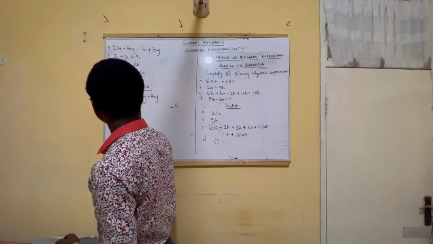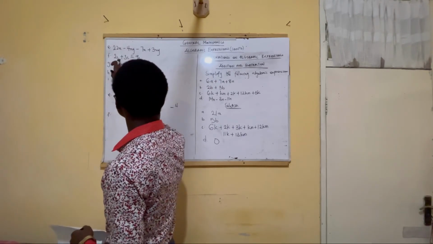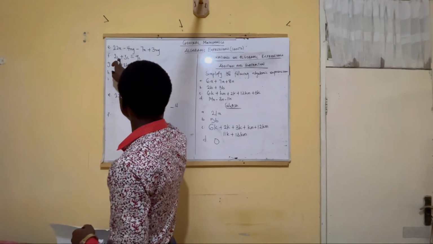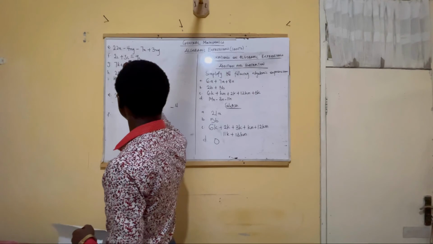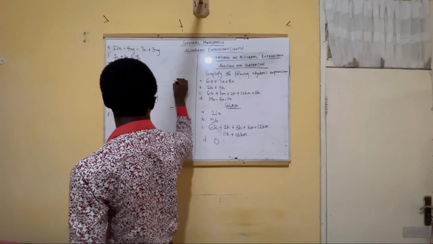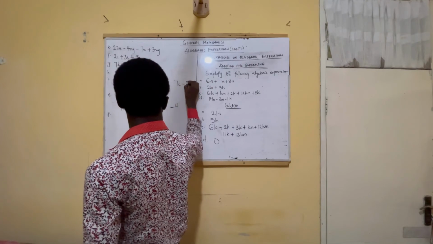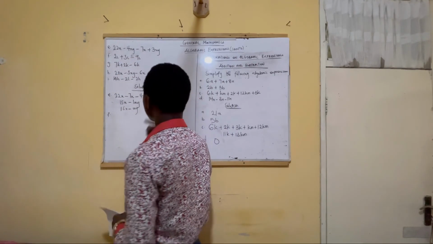Alright, so F, you have group items. Of course, it's already grouped. C, alright? So 5 plus 2 is what? 7. So you basically getting 7c minus 9c. And 7 means you have, minus 9 means you owe.